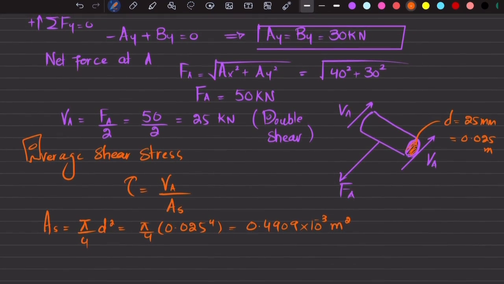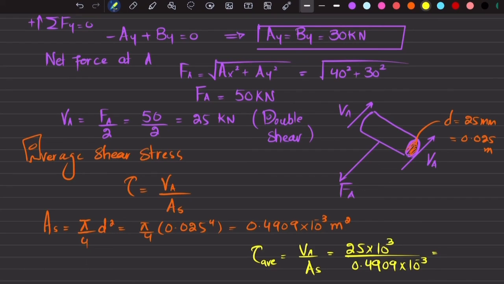Now you have V, you have shearing area, so you can just put over here that average shearing stress is equal to VA divided by shearing area. Clear? So VA is 25 kilonewton. So 25 into 10 raised to power 3 Newton divided by shearing area, 0.4909 into 10 raised to power minus 3.